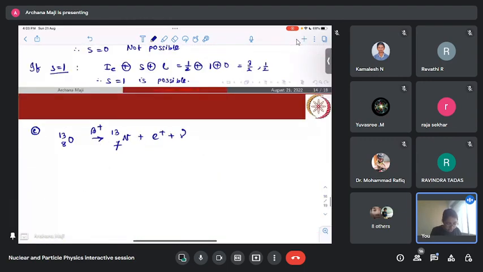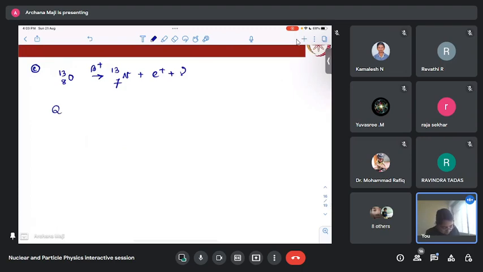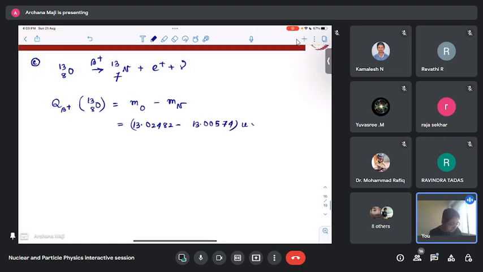So we need to look at the Q value of this reaction. Q value of beta plus decay of oxygen is mass of oxygen minus mass of nitrogen. The mass of oxygen was 13.02482 minus 13.00574 atomic mass unit, so it is greater than 0.